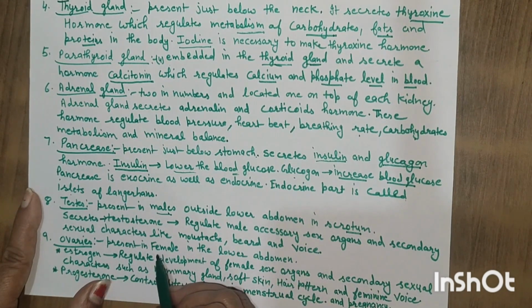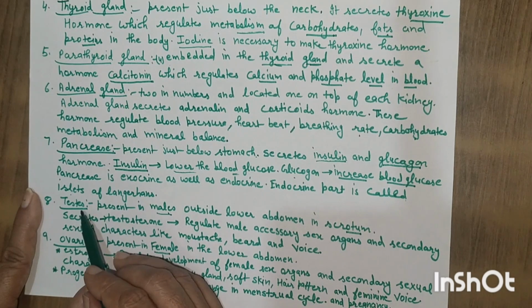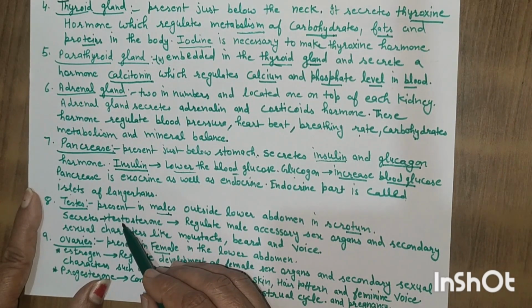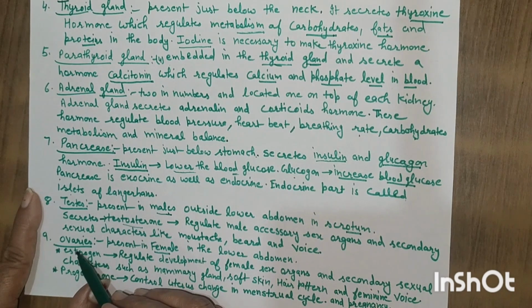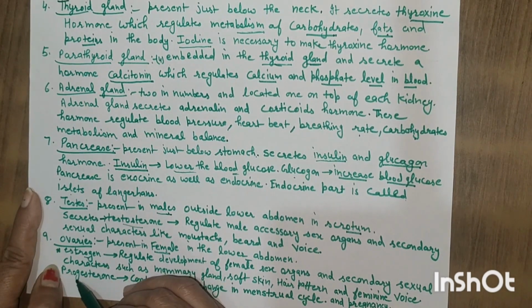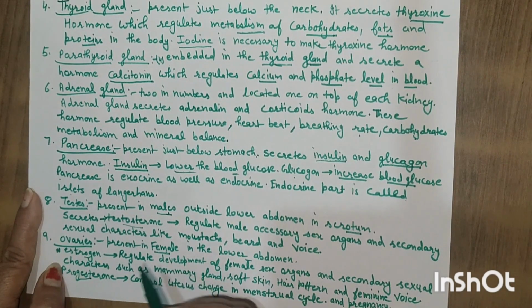Ovaries. Ovaries are present in the female in the lower abdomen, as testes are in the male, and release the female hormones estrogen and progesterone.